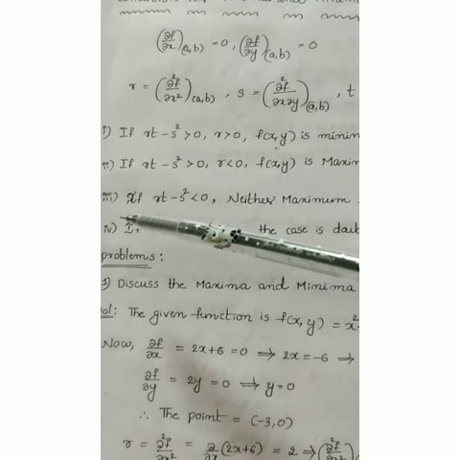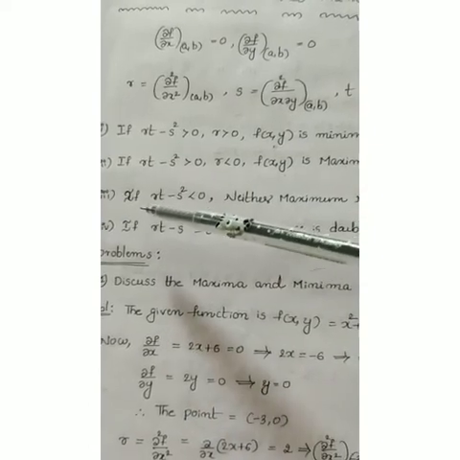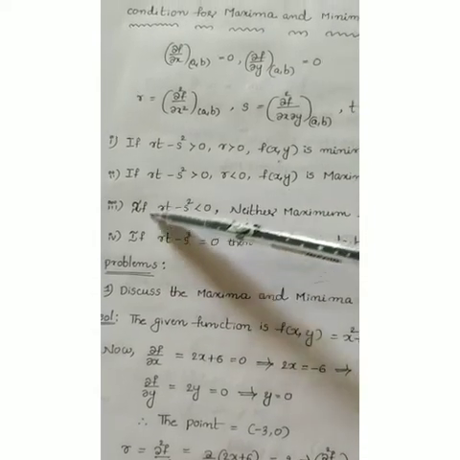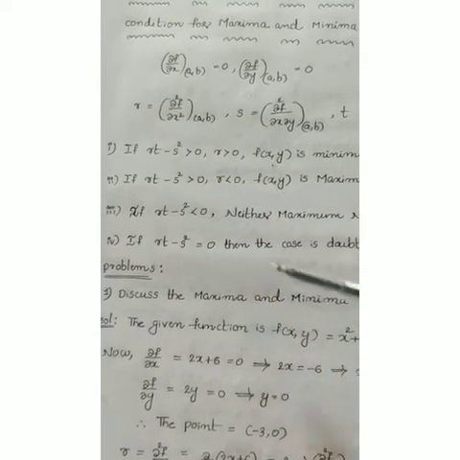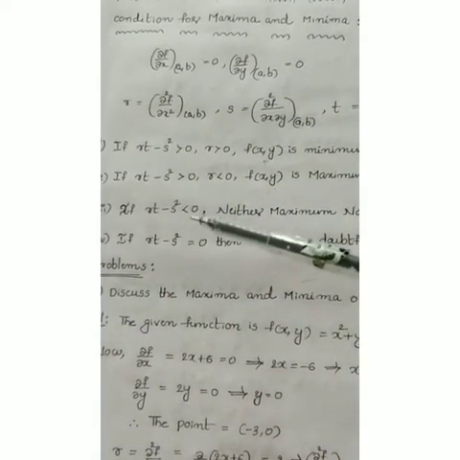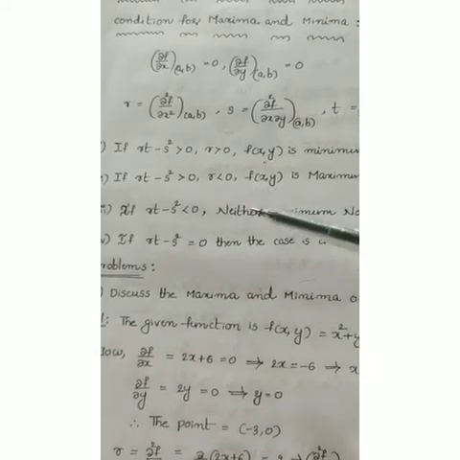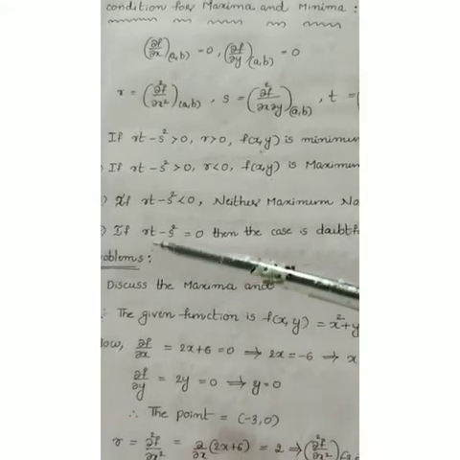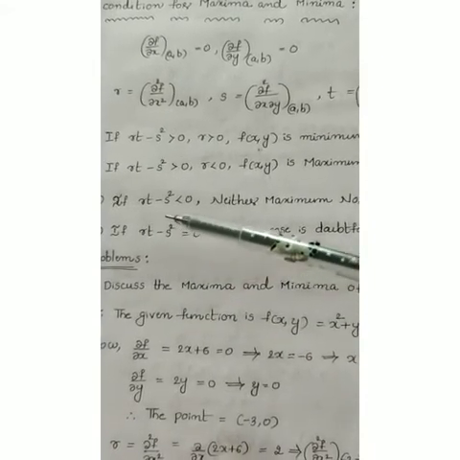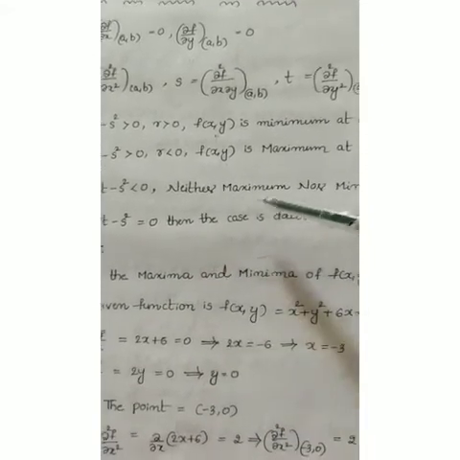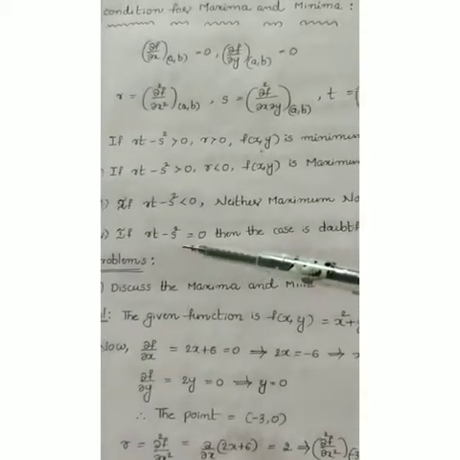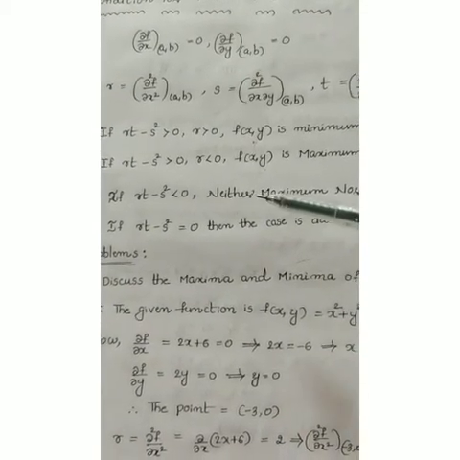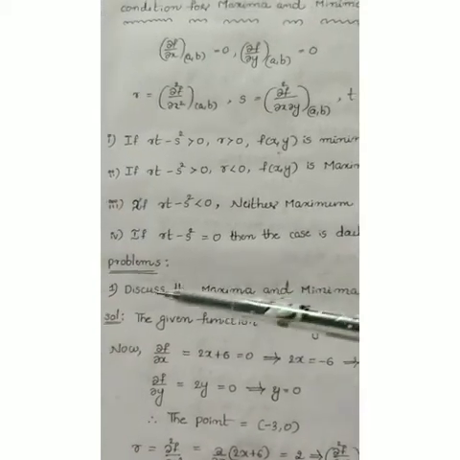And the third case is if rt minus s square is less than 0, then the given function has neither maximum nor minimum value. That means the function has neither a maximum value nor a minimum value.